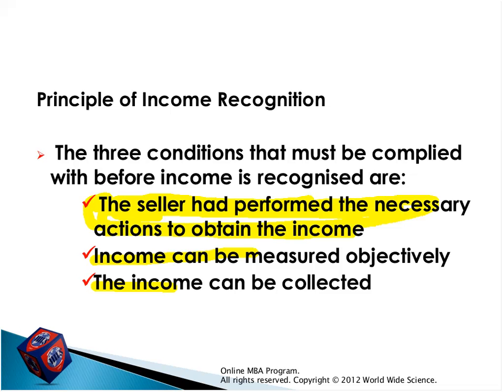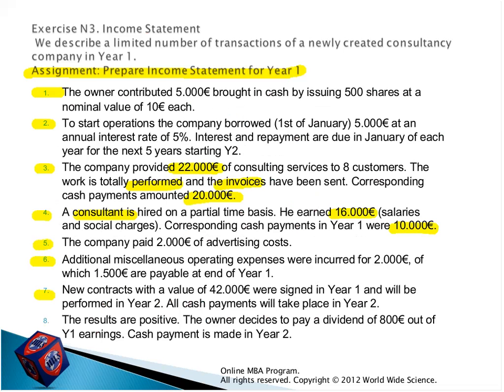So if you haven't met the first point of this principle, that means you cannot recognize this income in this year, in the first year, right? That means this transaction won't be considered in the income statement of year one. So this is very important.